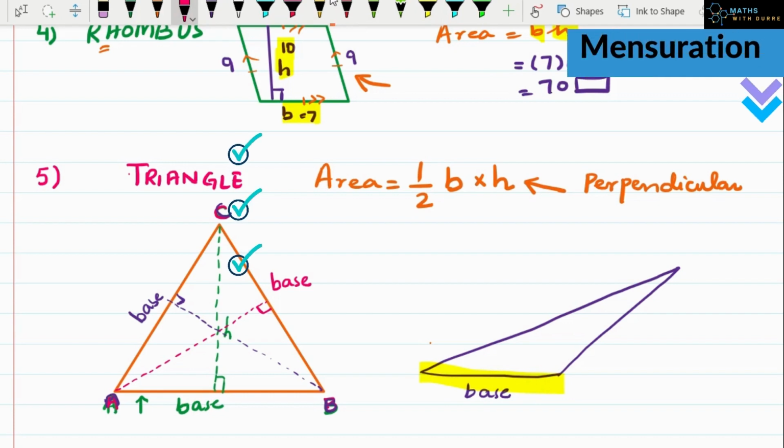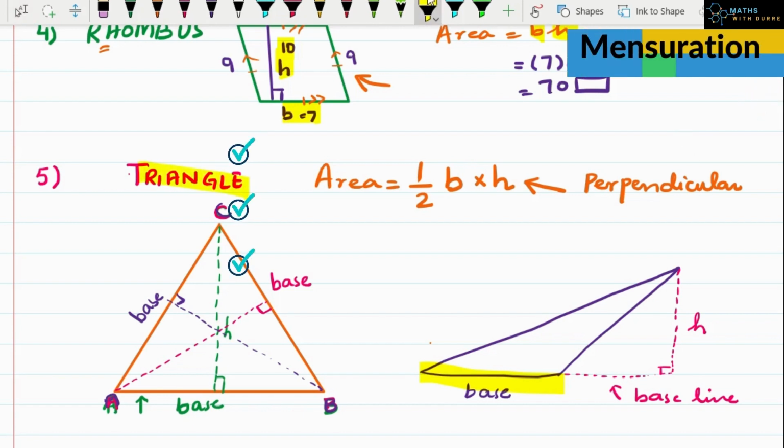Remember one thing, the height will be here. It comes from this point but outside the shape, because we need exactly 90 degrees. So that will be our height, and yes, we can consider it a baseline because we have extended it.